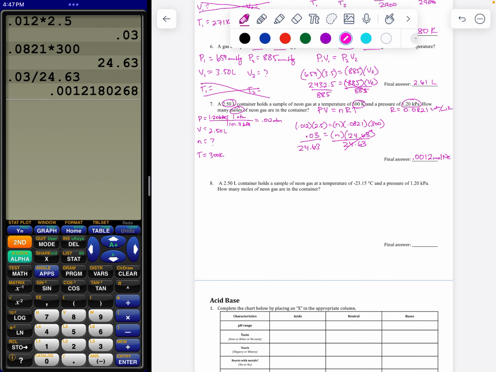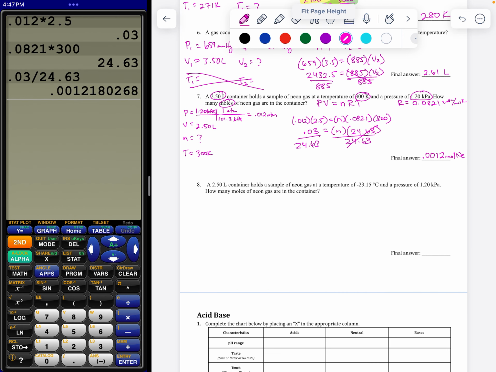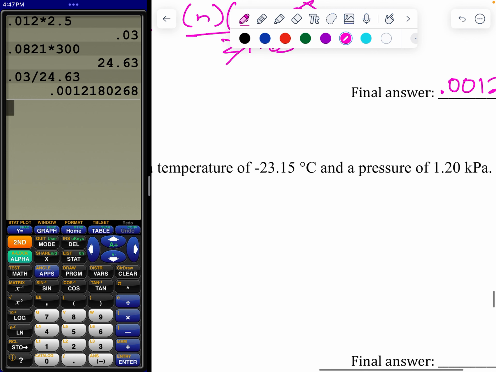All right, so again, because we know that we're dealing with PV = nRT, we have to be in the unit of atm for pressure. We have to be in the unit of liters for volume. And of course, always Kelvin for temperature.